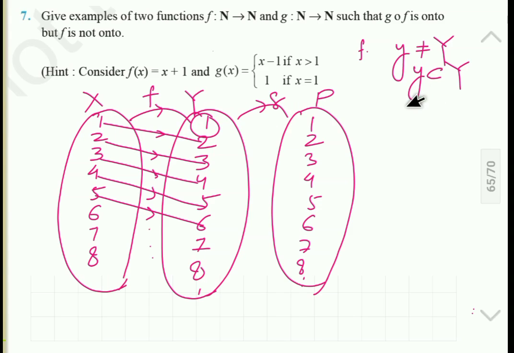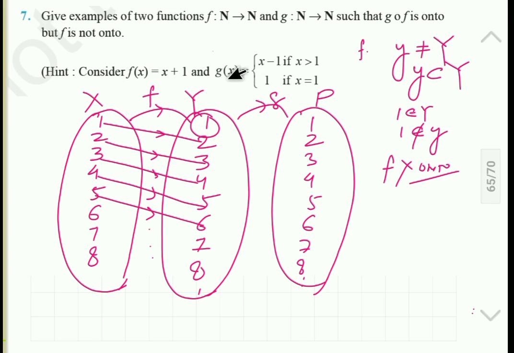So 1 is an element of capital Y, but 1 is not an element of the range. Therefore this function f is not onto, it is into. Now let us see regarding g.